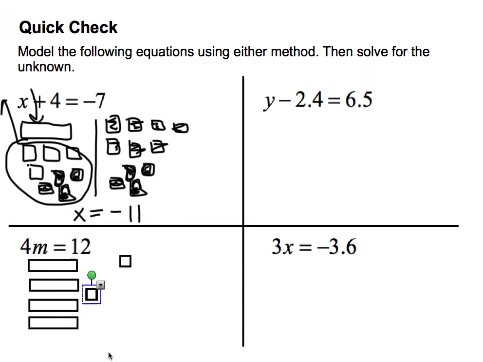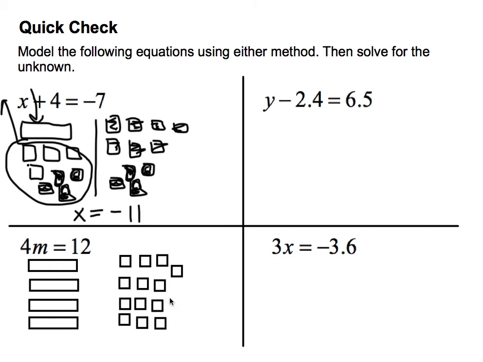And I'm going to divide all of these up into my 4 groups. There's 4, 5, 6, 7, 8, 9, 10, 11, and 12. I did one too many. So if 4 m's are equal to 12, 1 m is equal to 3.